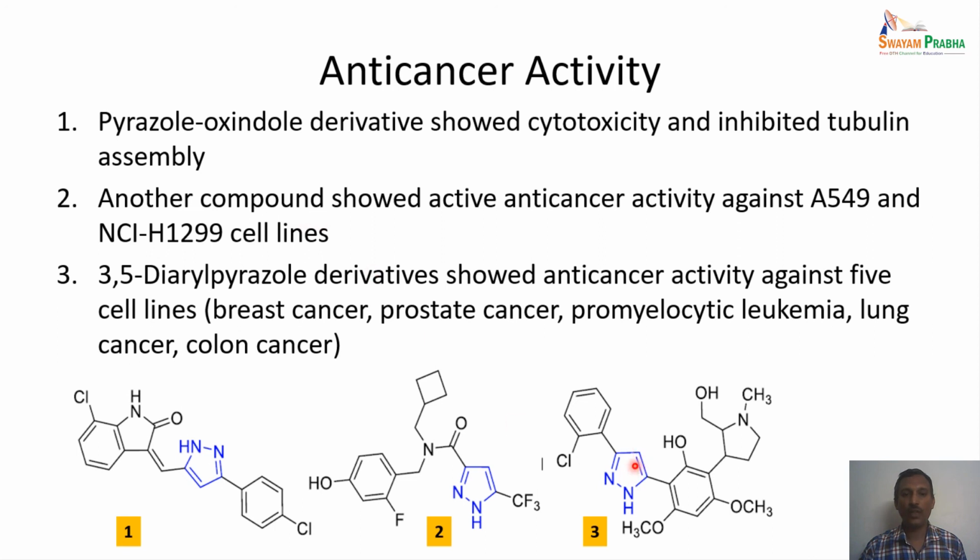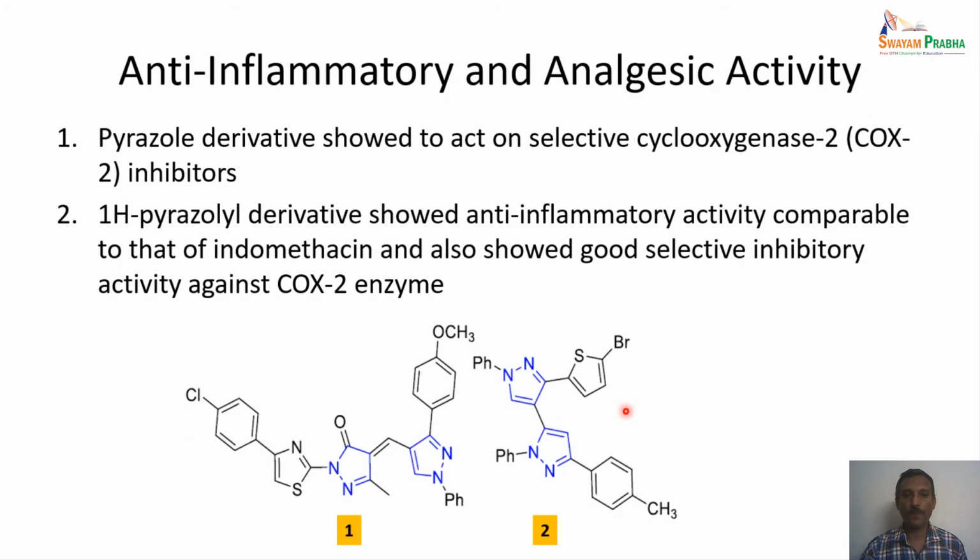And compound 3, that is a 3,5-diaryl pyrazole derivative, shows anti-cancer activity against 5 different cell lines, that is breast cancer, prostate cancer, promyelocytic leukemia, lung cancer and colon cancer. So based on different cell lines, these compounds show very high anti-cancer activity.